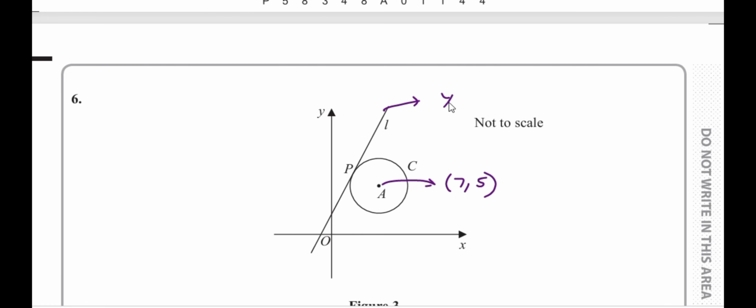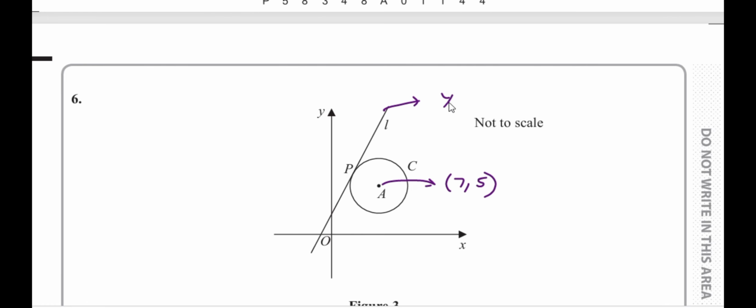Therefore, L gradient is equal to 2. Then you write PA is perpendicular to L, that is, gradient of PA is equal to the negative reciprocal of 2, that is minus 1 over 2.